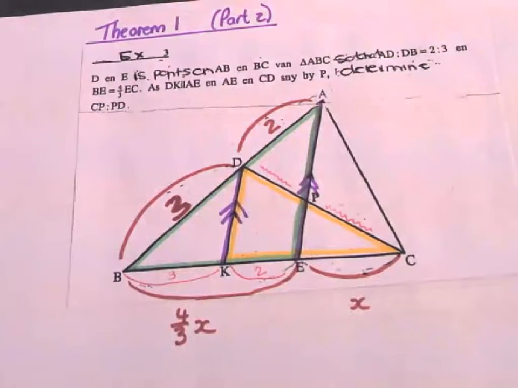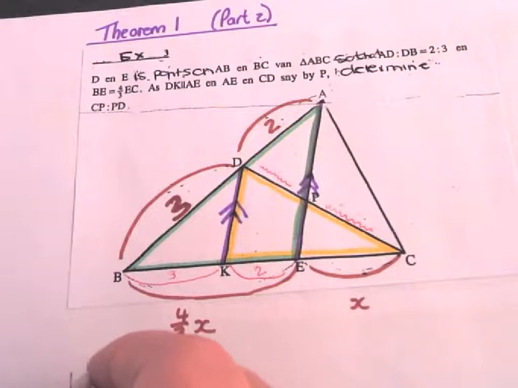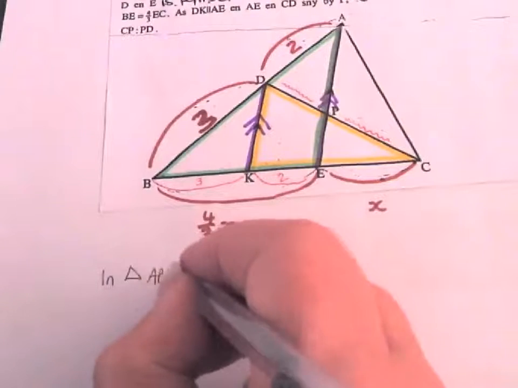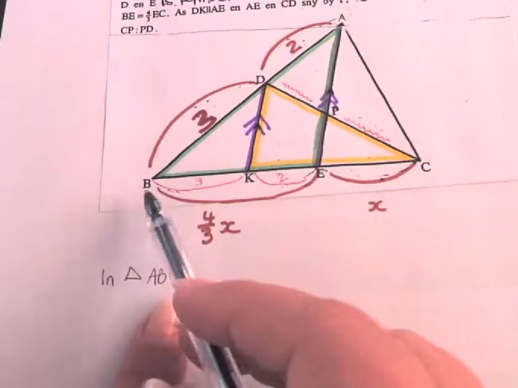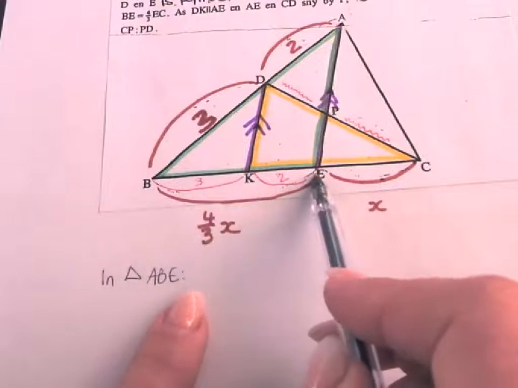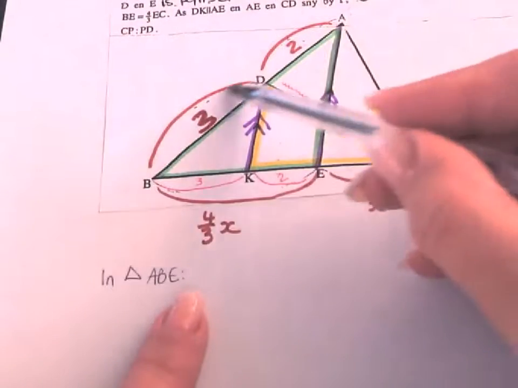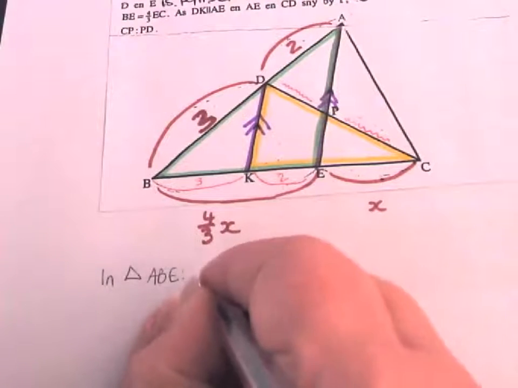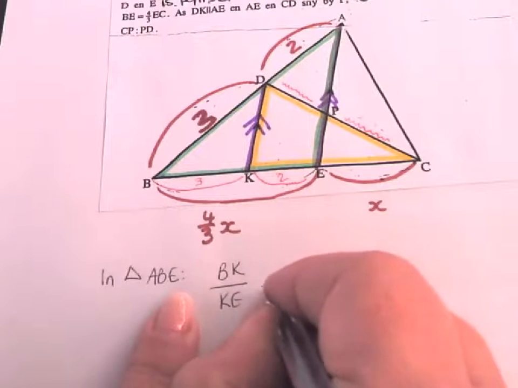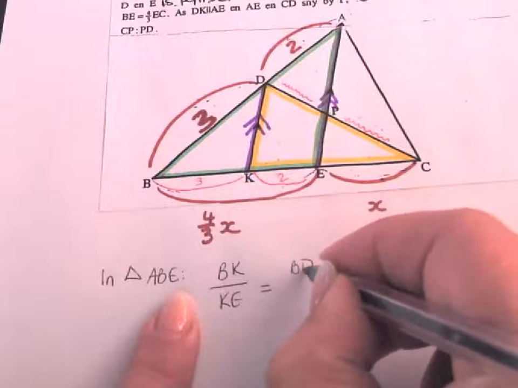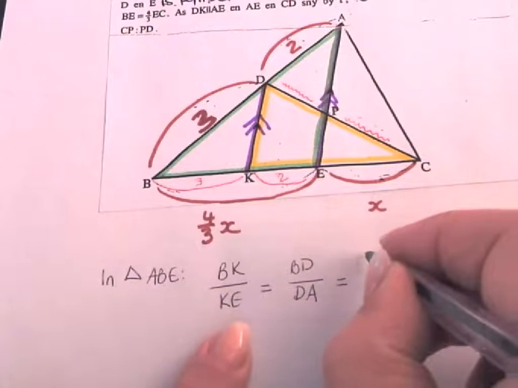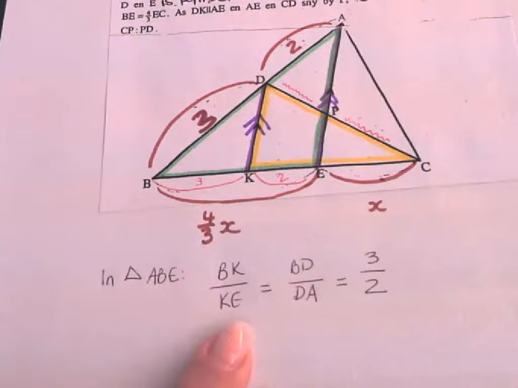Now you say in triangle ABD, BK over KE will be the same as BD over DA, and both of them are 3 over 2.